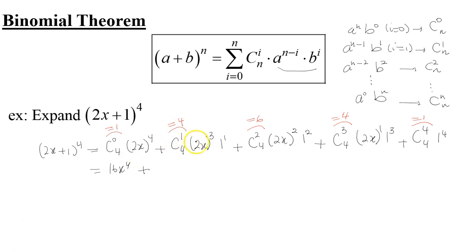Plus 4 times 2 cubed, so that's 4 times 8, which is 32x cubed. 6 times 4, that's 24x squared. And that's 4 times 2, which is 8, plus 1. So this is the expansion of 2x plus 1 to the 4.